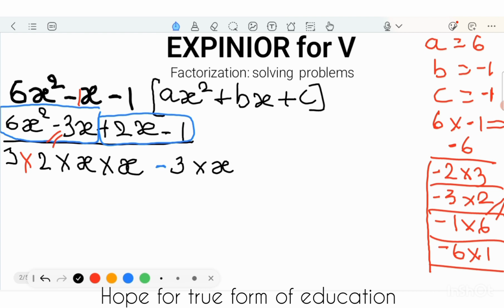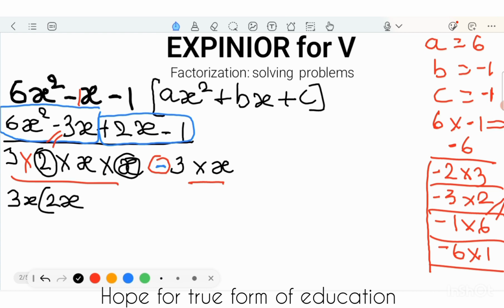Now what do you see common between these two terms, term 1 and term 2? We see 3 and x as common in both of them, so we'll take 3x as common. What is left out? 2x, write it down here, and we have minus here, 3x is the same, so 1, into 1.